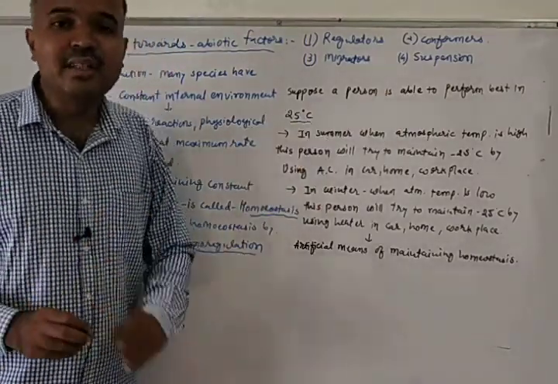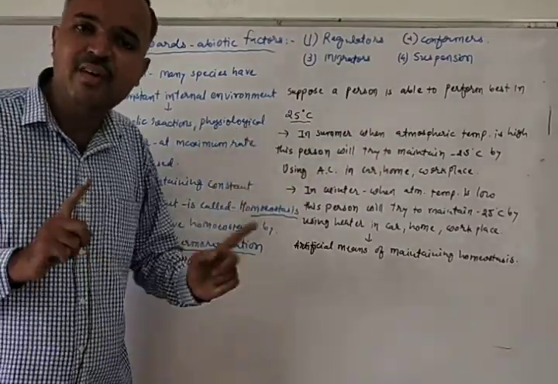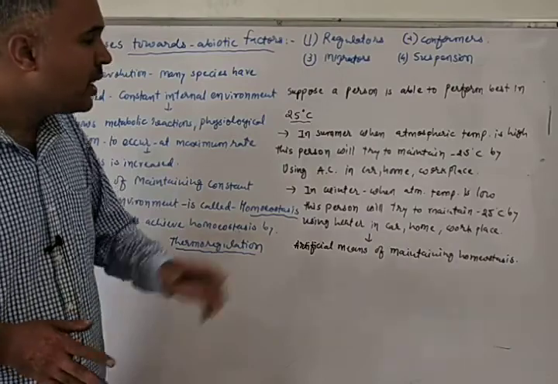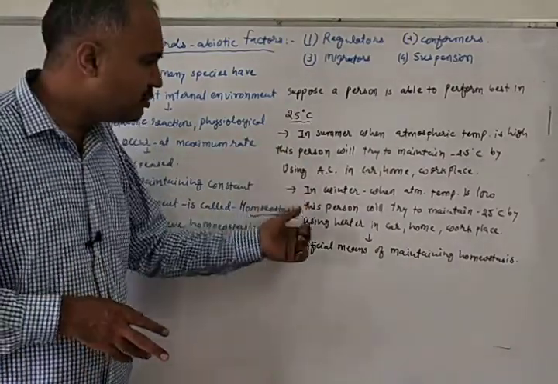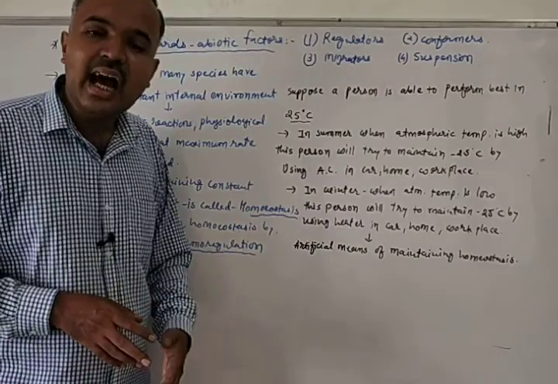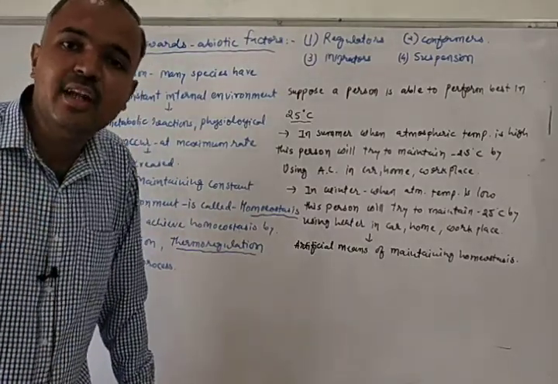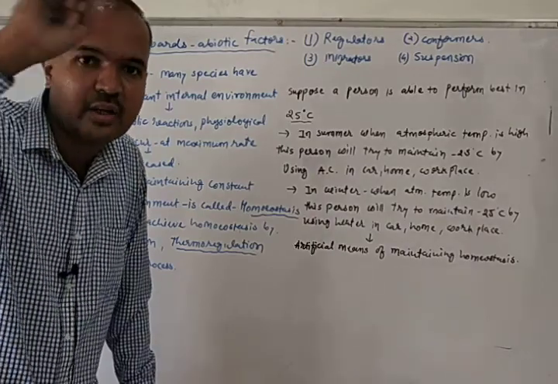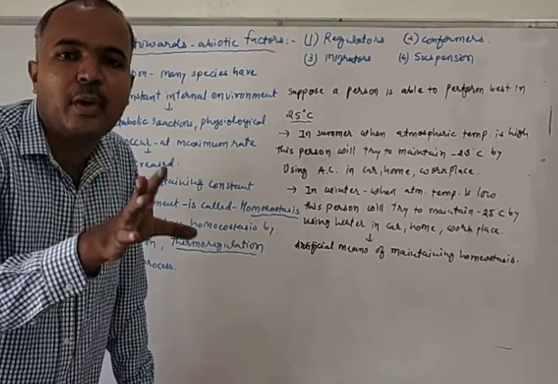Now during summer season, when atmospheric temperature is high, he will try to maintain 25 degrees Celsius by using AC, either in the car, at the workplace or at home. He wishes to maintain a constant temperature, because at 25 degrees Celsius only he is able to perform his best.